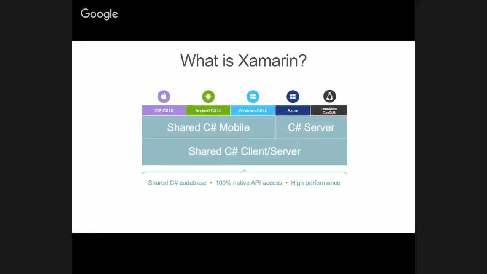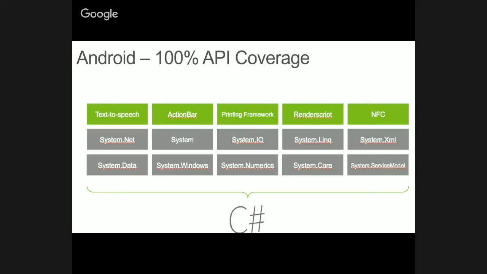So when you're using Xamarin Android, you actually have access to a big portion of the system libraries and functionality in .NET. And with Xamarin Android, you get 100% API coverage. This isn't all of them, but as you can see, we have some of the framework options here: NFC, System XML, LINQ, IO.